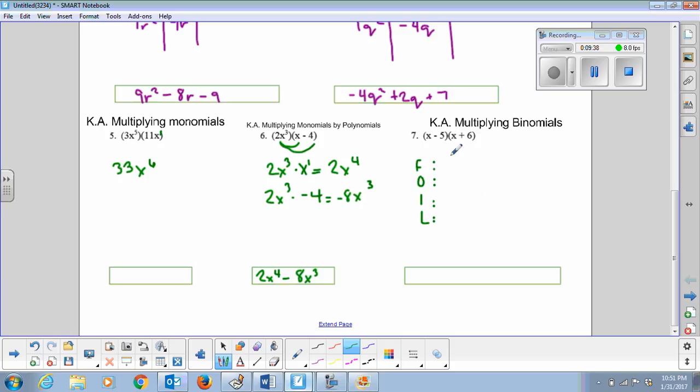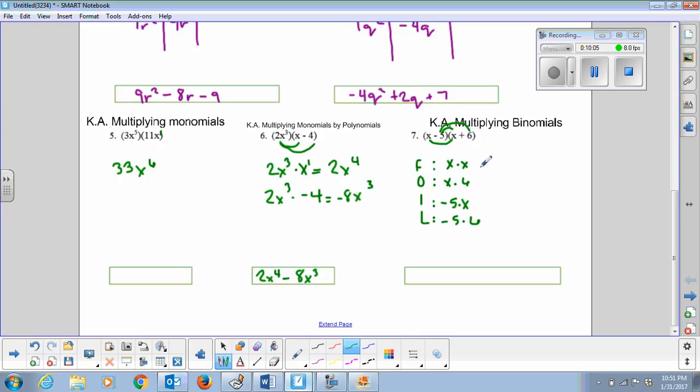So x times x is what goes in the F group. So that's my x times x. O is x times 6. My inside term is negative 5 times positive x. And then my last terms are negative 5 times 6.